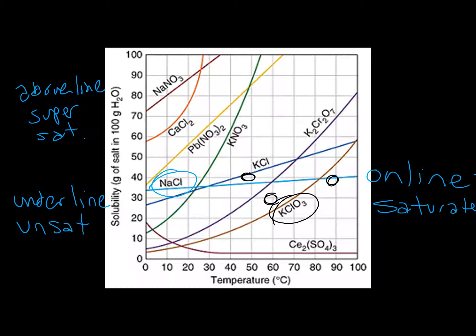Another thing we can look at with the solubility curve is what's the most affected. Most affected would be the steepest line. And the least affected would be the flattest line.